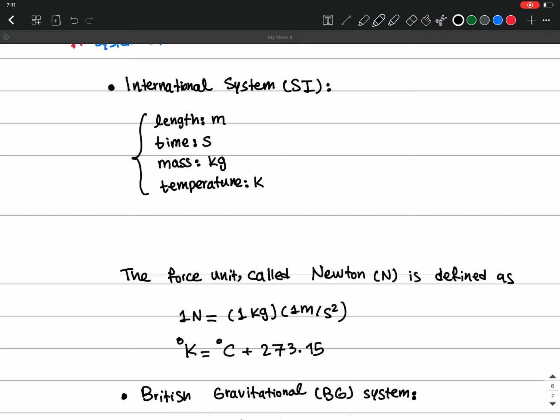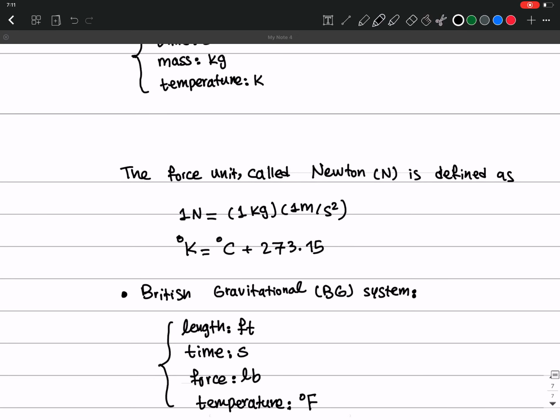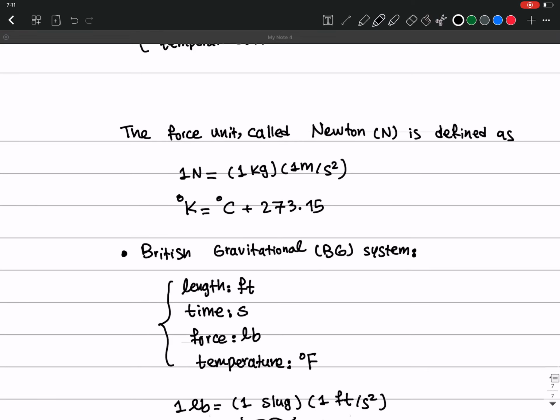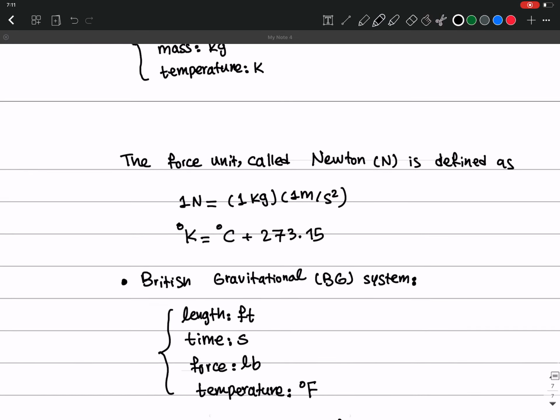BG you are going to need if you want to become a civil engineer and work in industry. It is mostly used in industry in the US, very widely. But in other countries, even in industry, the SI unit is commonly used.